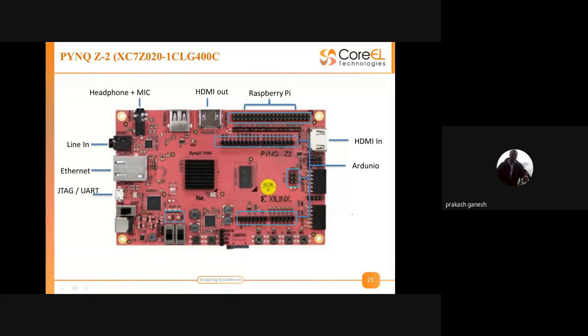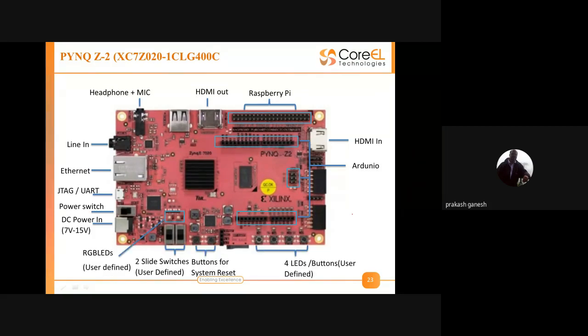Through it I'll be able to connect for UART, and I can even download the bitstream from that, and it can also act as a power supply cable. Or you can have an external power input source also. There are two slide switches for user defined use, buttons for system reset, four LEDs and buttons that are user defined, and we have RGB LEDs, red, green, blue.